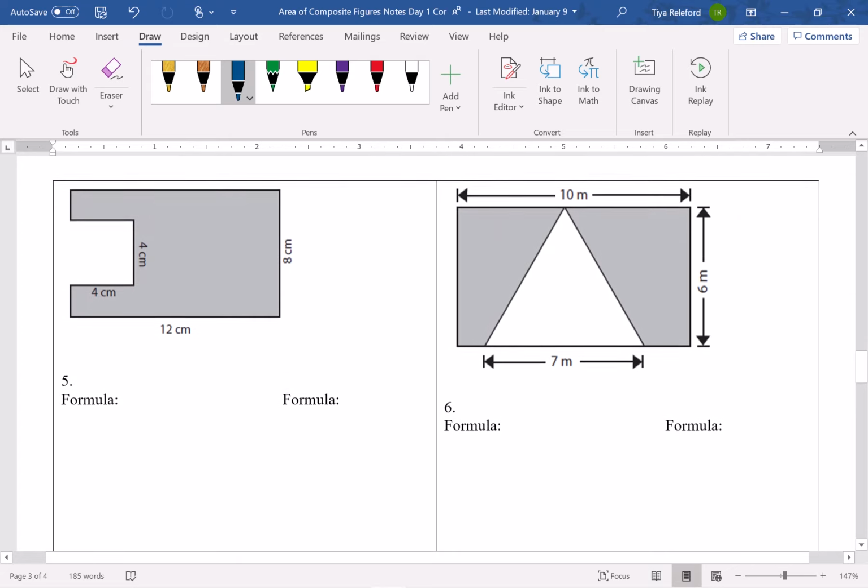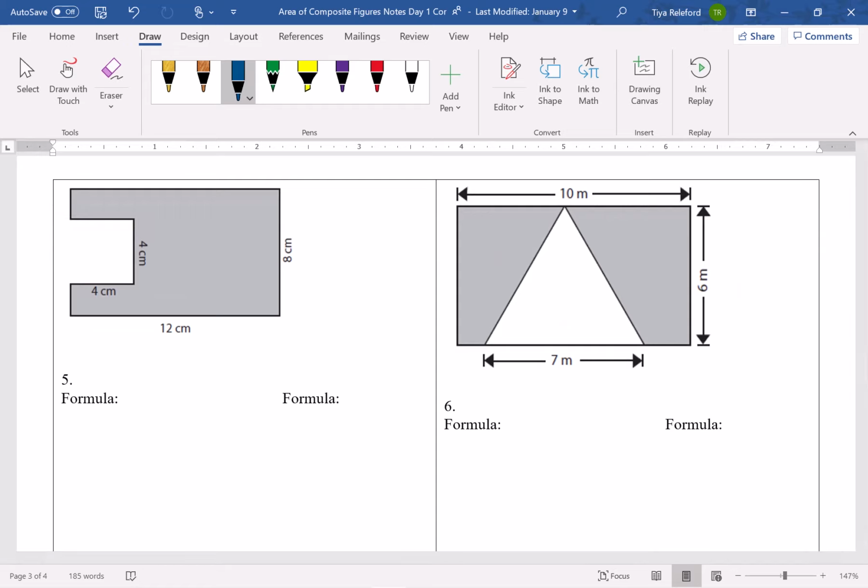So the tricky part about this one is you can turn it into 2 shapes instead of 3. Of course, there's a million ways you can divide it, but the easiest way is to connect right there.